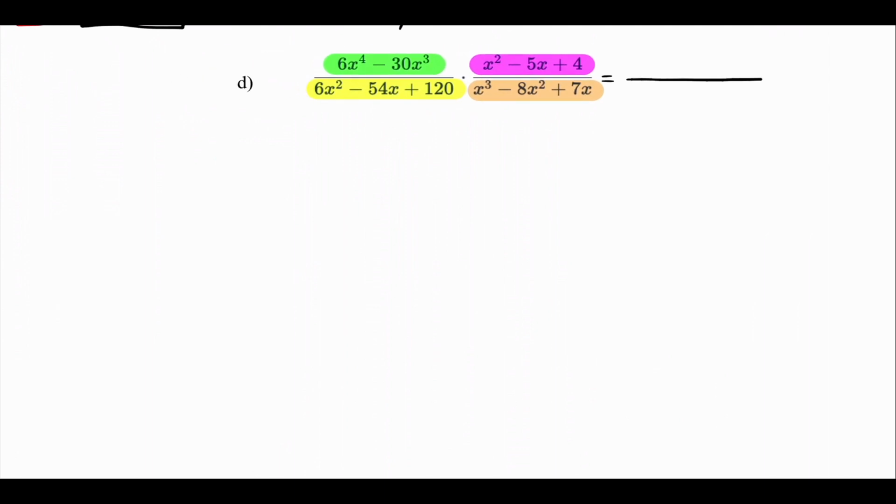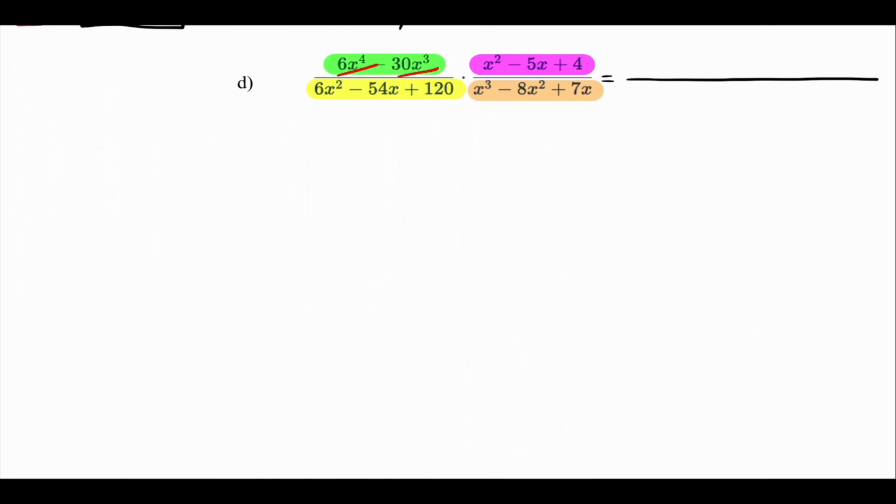I need to break this down first. It's multiplication, so I don't need to keep, change, flip. So first start with the green. The green's a binomial, so start with GCF. Does the green have a GCF? It does.